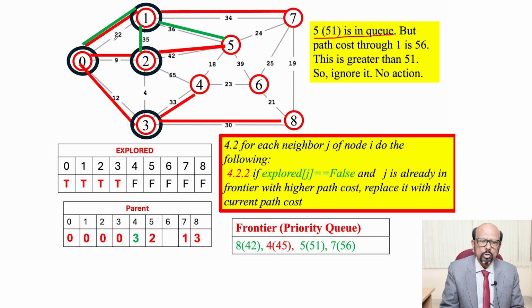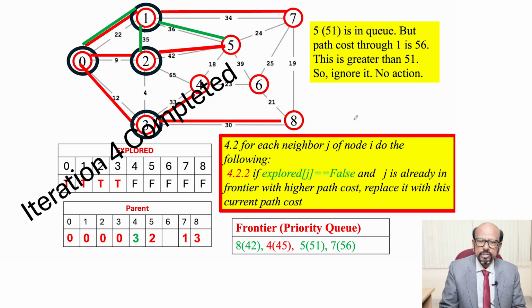Now if you go through 1, what is the path cost for 5? 22 plus 36, so 58. 5 is already with 51, whereas if you go through 1, it will be 58. So we need not change it. We can ignore it.